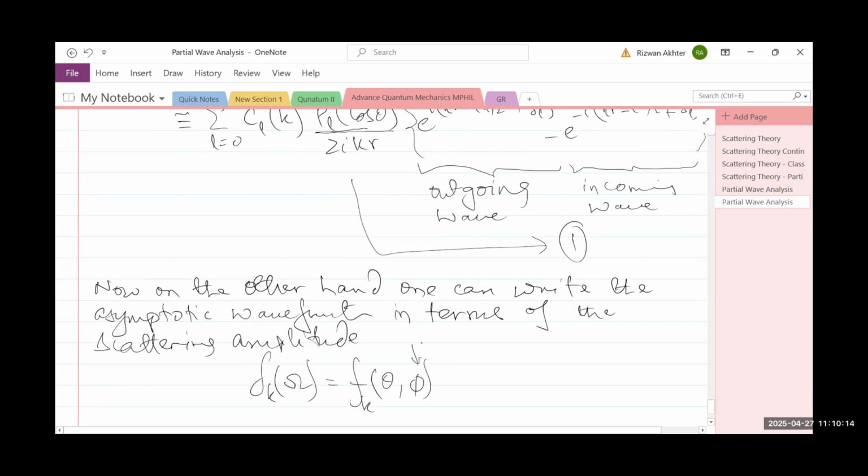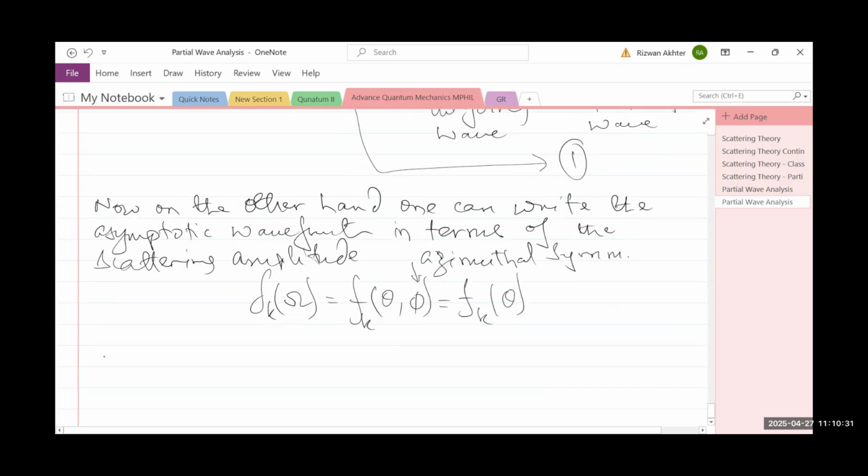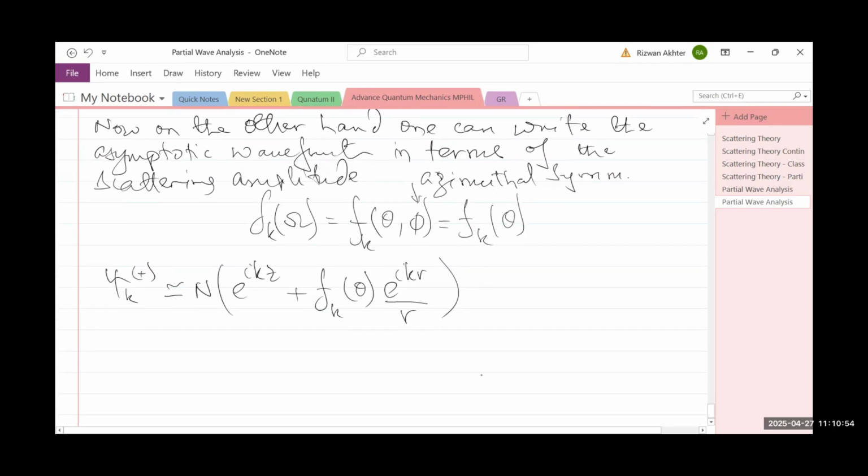Since we have azimuthal symmetry, this is independent of phi, so this was f sub k of theta, and that could be written as psi sub k plus, e to the power iota kz, a wave traveling in the positive z direction, f sub k of theta e to the power iota kr, that is the part which is scattered, which is asymptotic.